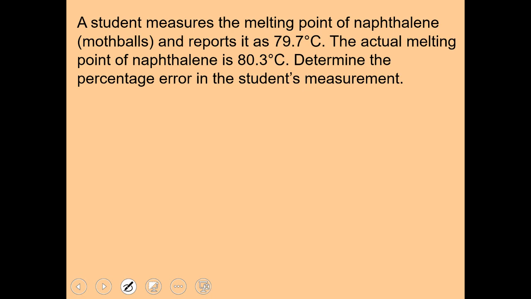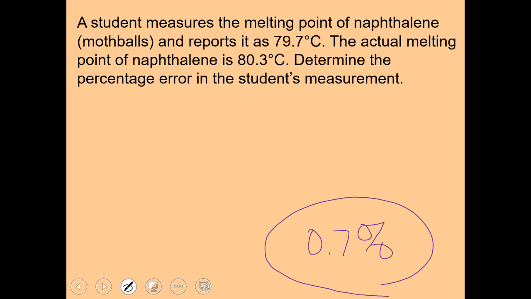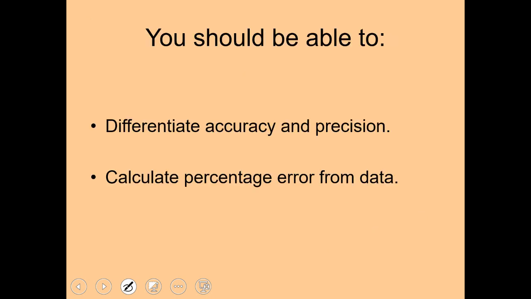When you are done with this problem, you're only going to be able to have 1 sig fig because the subtraction on the top is 0.6, and rounded to 1 sig fig, it comes out to be a 0.7% error. If you have trouble getting that answer, make sure you check in with your teacher to ask them why.